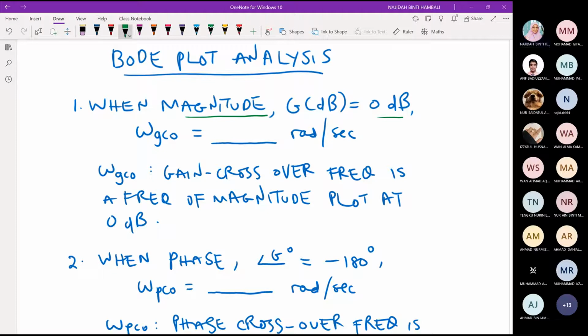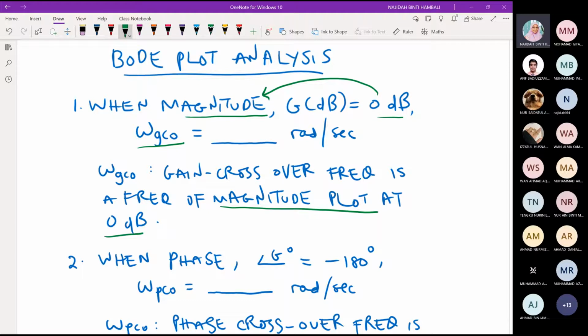So first step, you refer to your magnitude plot at 0 dB and determine the frequency. This frequency is labeled as the gain crossover frequency, which is the frequency of the magnitude plot at 0 dB.